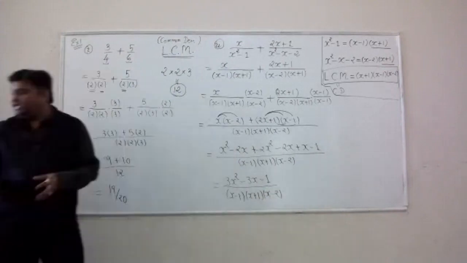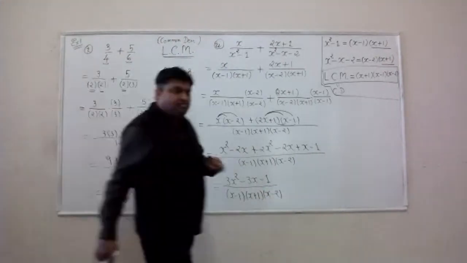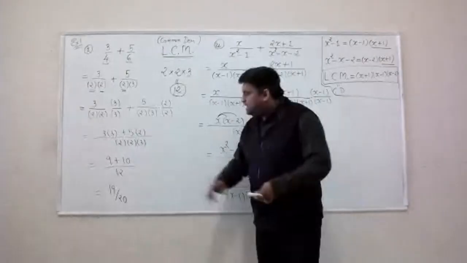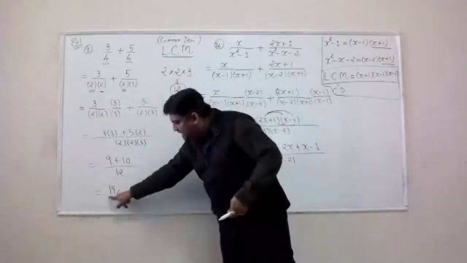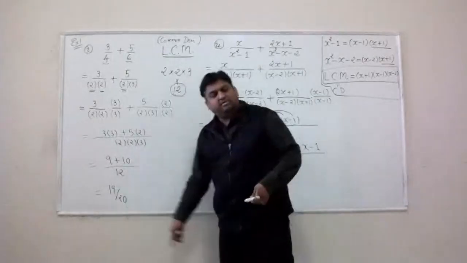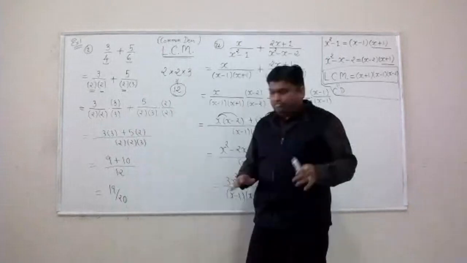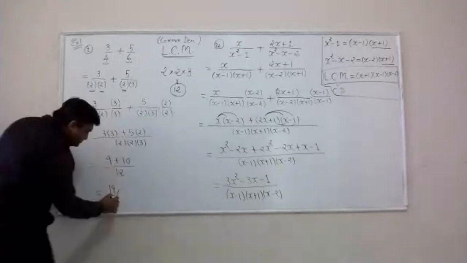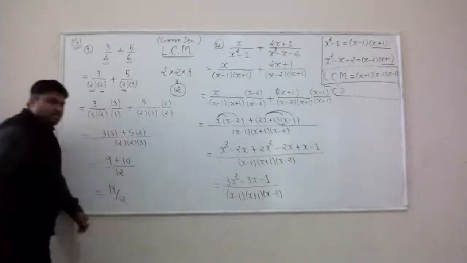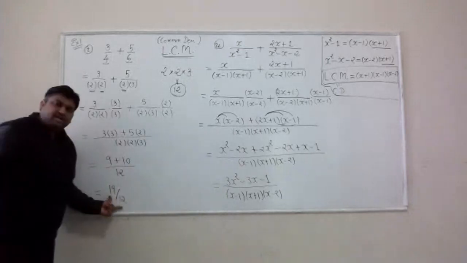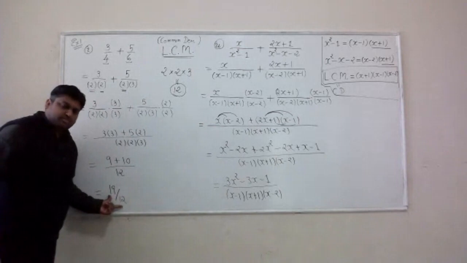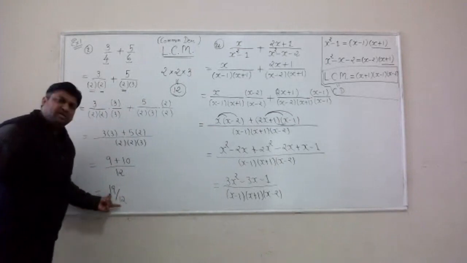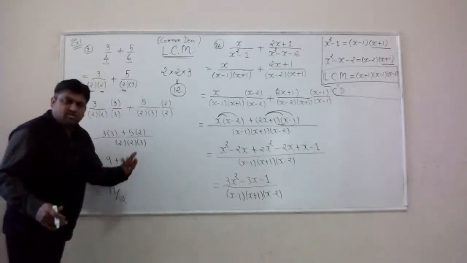Now let me make one very interesting comment here, right? In this particular example, I end up getting 19 over 12, sorry. It's clear that no further division is possible. The top and the bottom don't share a common factor.